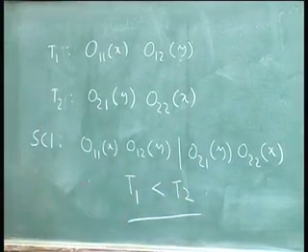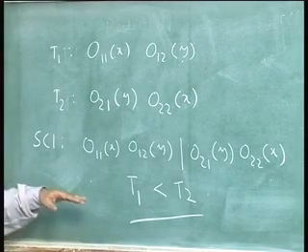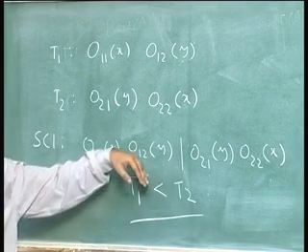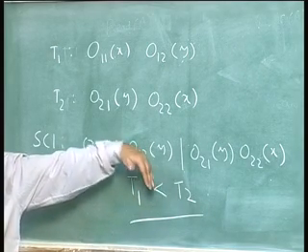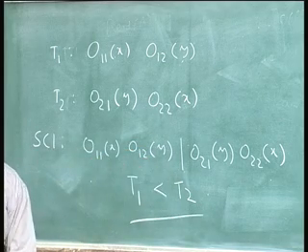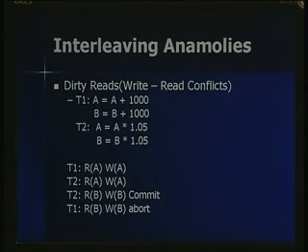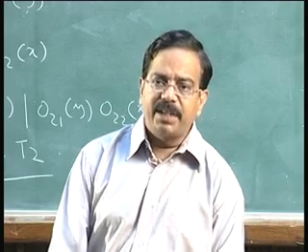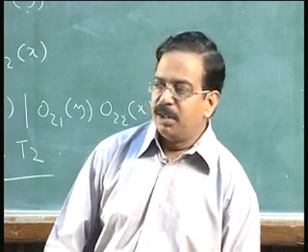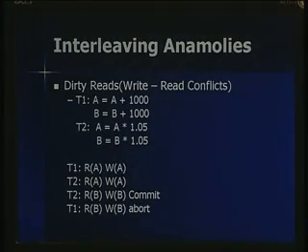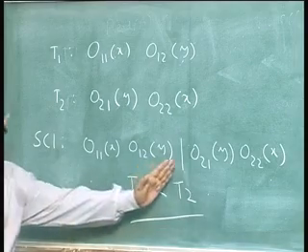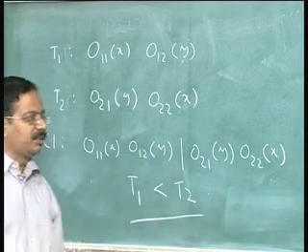This is what we mean by a serial execution of the transactions, that is, T1 finished execution before transaction T2 started executing. It is also possible to have the reverse order, where all the operations of T2 have been executed before T1. This is a very simple and straightforward case where we can easily say that T1 has finished all its operations before T2 started executing.